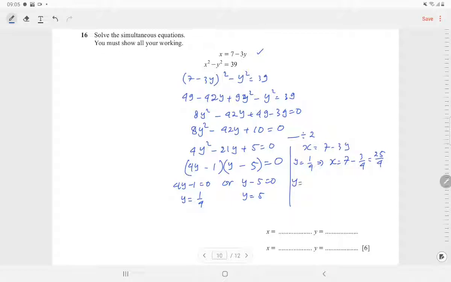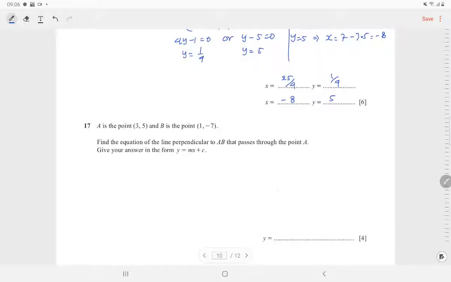And when y equal to 5, we have x equal to 7 minus 3 times 5, 7 minus 15 is negative 8. So x will be 25 over 4 when y is 1 over 4, and x is negative 8 when y is 5. Okay, next.